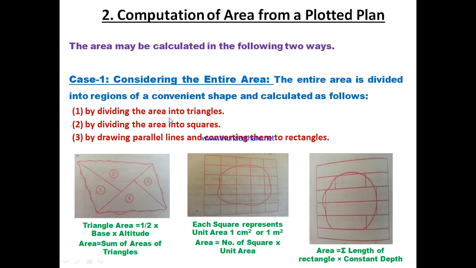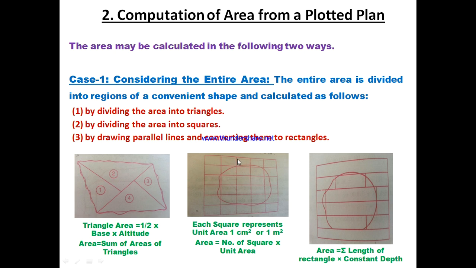Here the entire area will be divided into regions of a convenient shape. For example, this one will be the area, suppose. Then I have kept this particular irregular circular area on a map or on a piece of paper with certain grids.